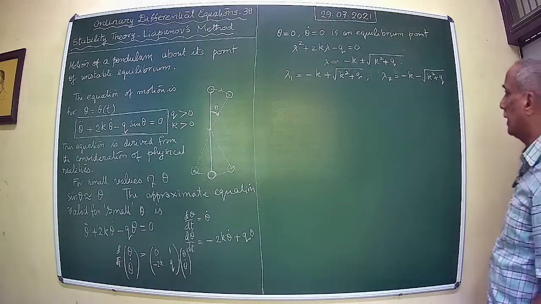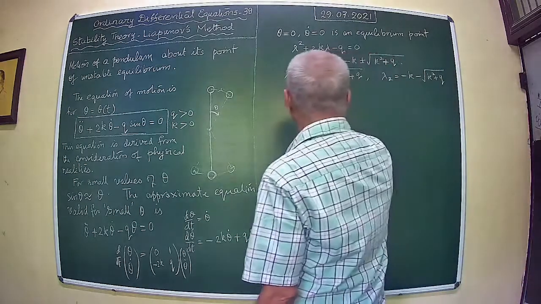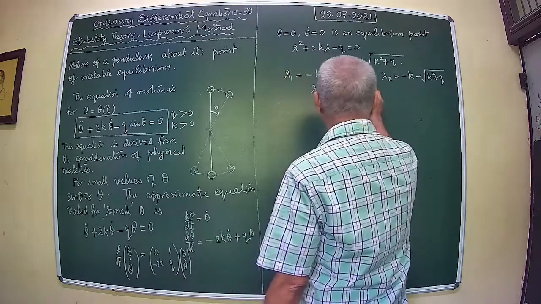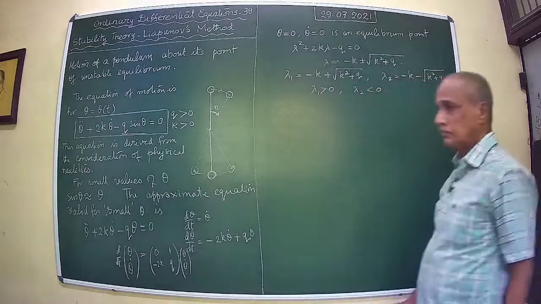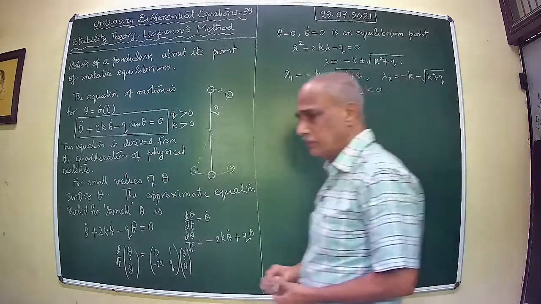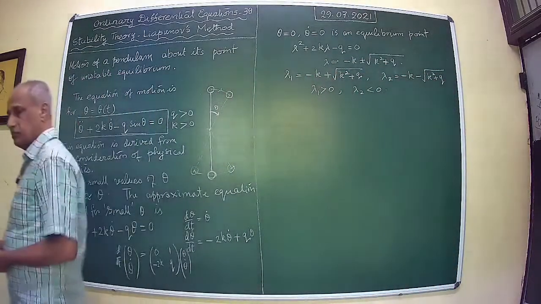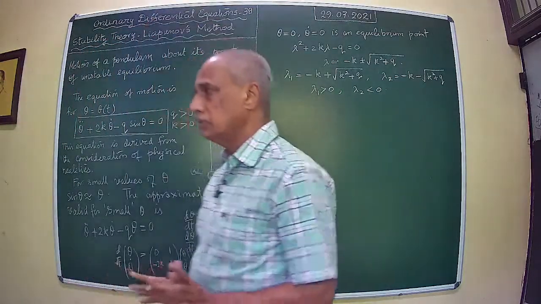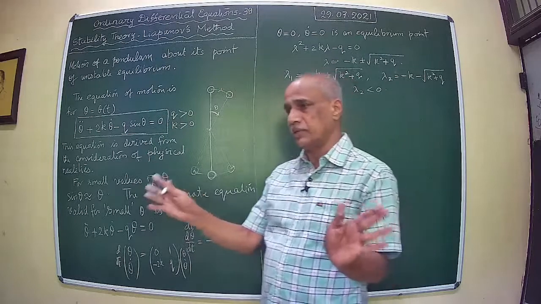Clearly, lambda 1 is positive and lambda 2 is negative. Therefore you have two eigenvalues, one positive and the other negative.